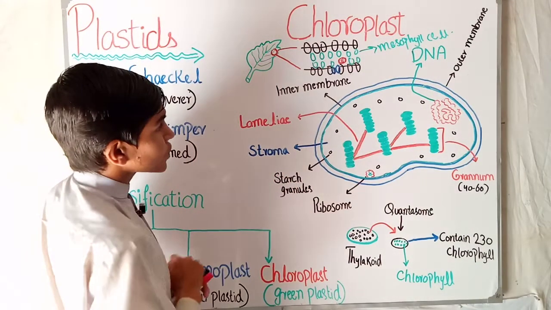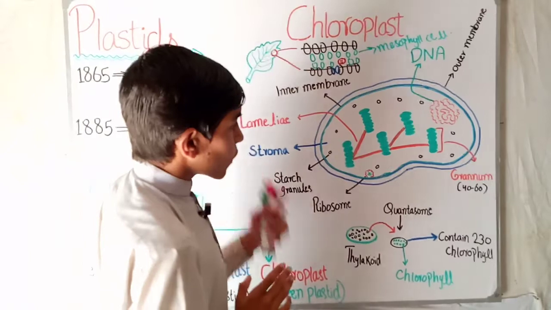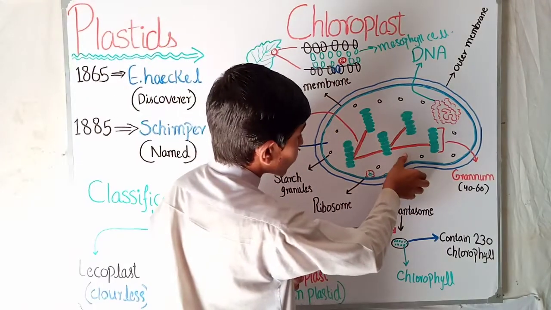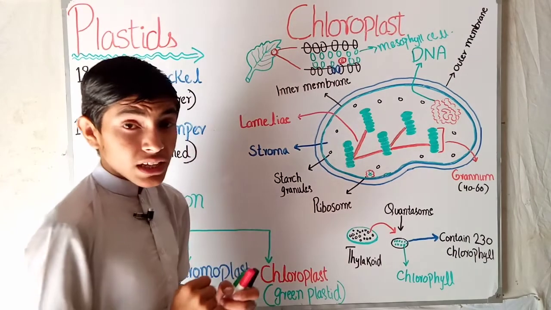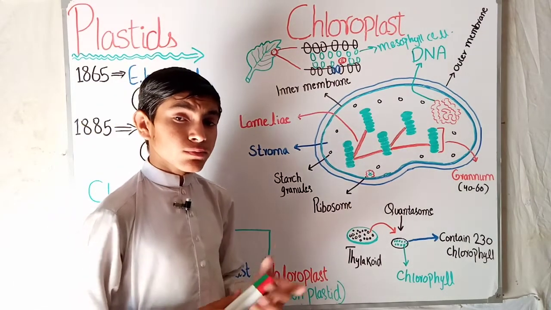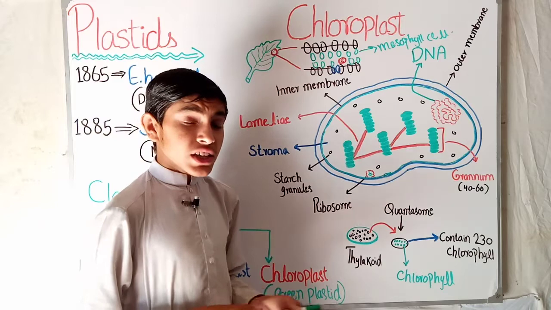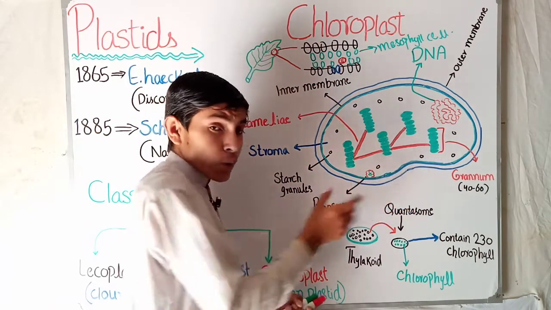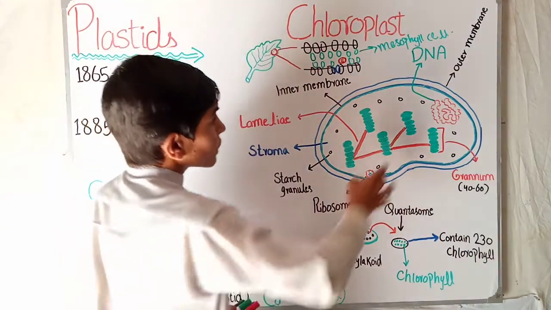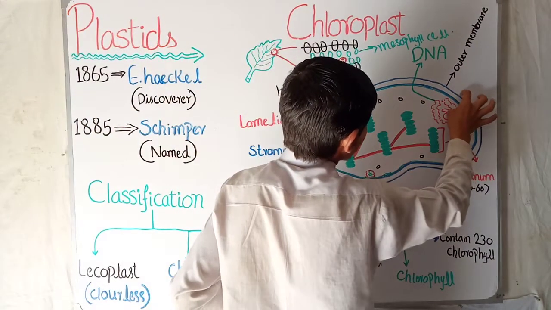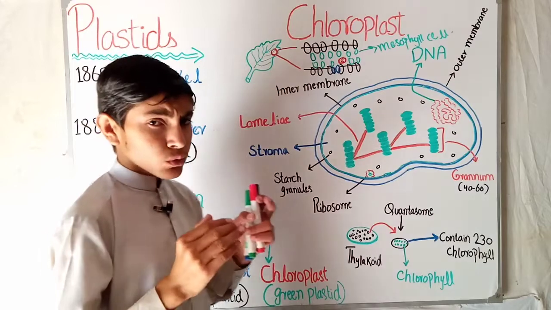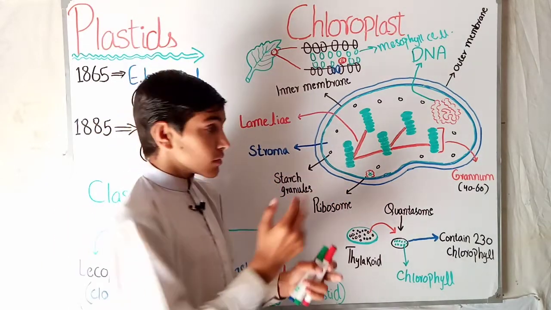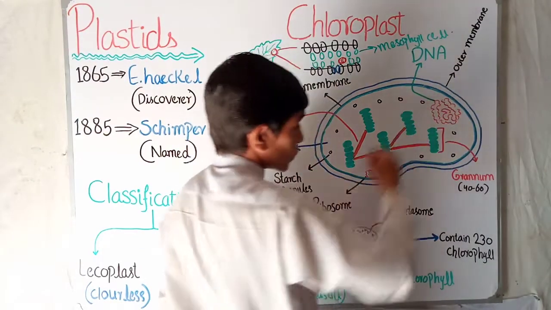Now we come to the structure of the chloroplast. What is really a chloroplast? Chloroplast is covered by two membranes, just like other organelles of the cell, such as the mitochondria and nucleus. The outer membrane is smooth and permeable for the entering of CO2.